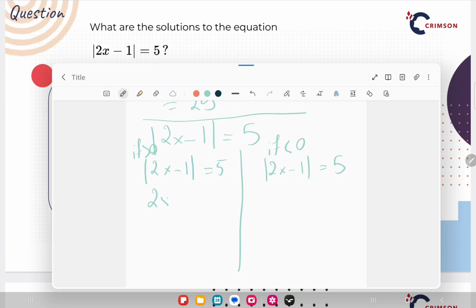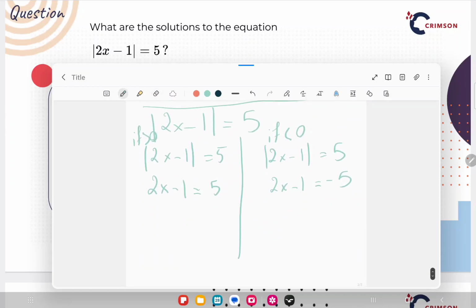So if positive, all of this is going to be equals to 5. And if negative, all of this is going to be equals to minus 5. Because the entire expression is absolute valued. So all of it is going to be equals to minus 5.